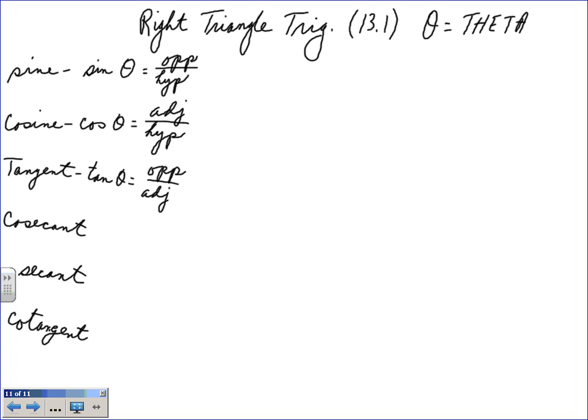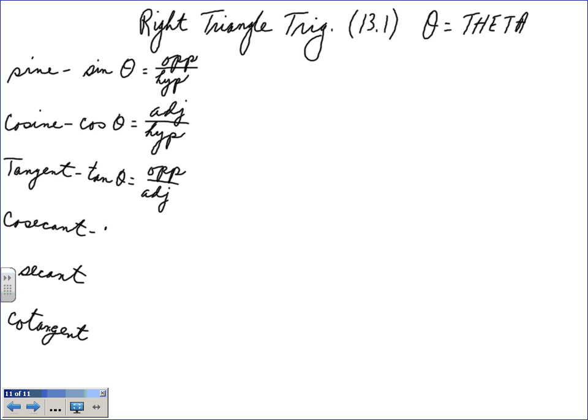It's that ratio of the measure of the opposite side of a right triangle to the adjacent side. And these 3 are in your calculator: sine, cosine, and tangent. Cosecant, secant, and cotangent are not in your calculators. All right, so we have to do a little manipulation before we get to those.